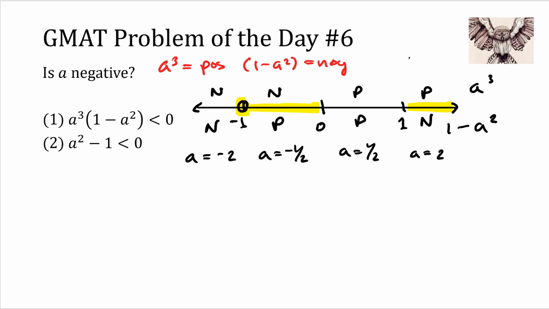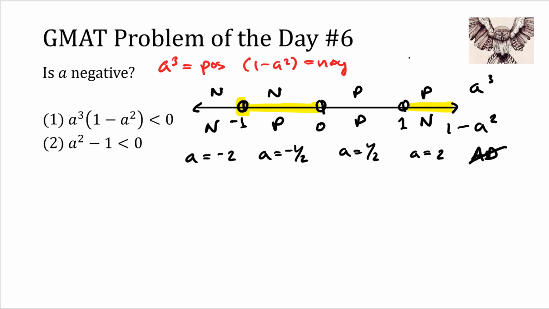Anyway, open circle, and then open circle. The question is, is a negative? Well, clearly, according to clue number 1, a can be negative or positive. It's either between -1 and 0 or greater than 1. So A and D are out.